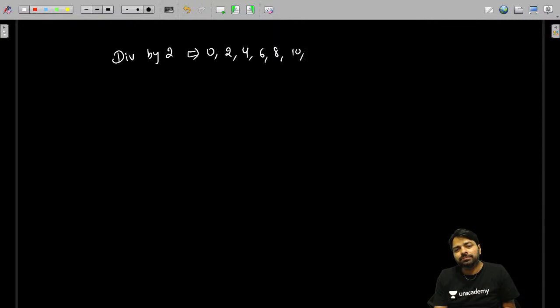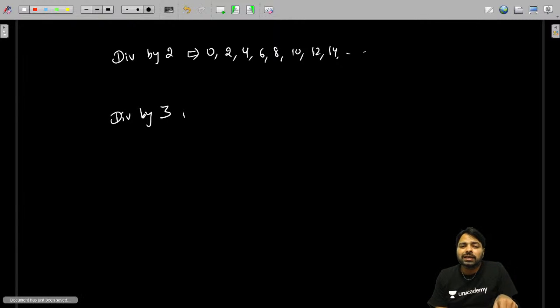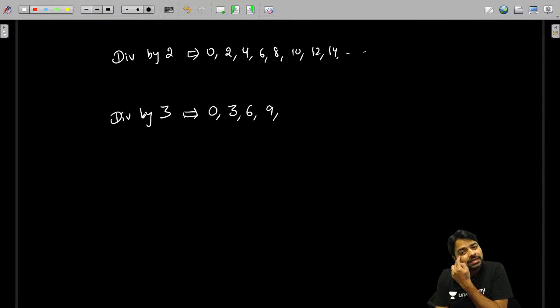But among them, now we don't want those divisible by 3. First we'll look at divisible by 3. Divisible by 3 means 0 A's, 3 A's, 6 A's, 9 A's, 12 A's and then 15 A's and so on. So now we don't want these, we take the not of this.